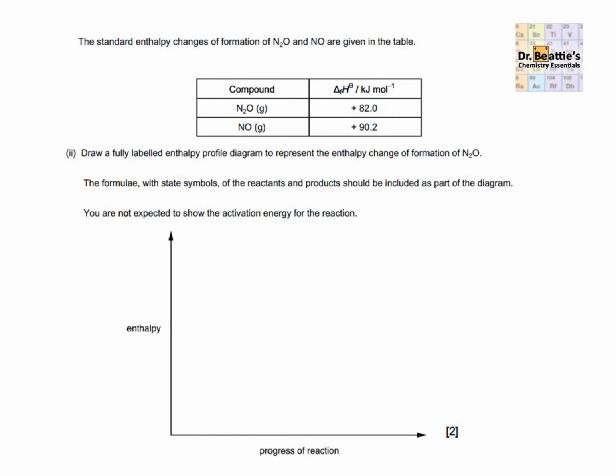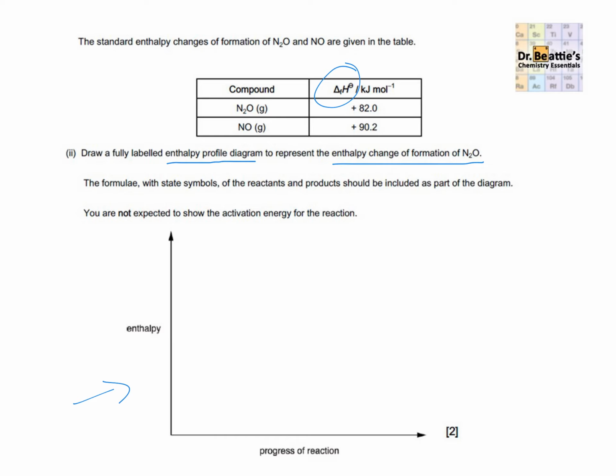Okay, so the actual question is looking for the enthalpy change of formation of N2O to be shown in an enthalpy profile diagram, which is what we need to put in the actual answer box here. Now, you've been given some information for the formation data shown by the delta FH here in this table.